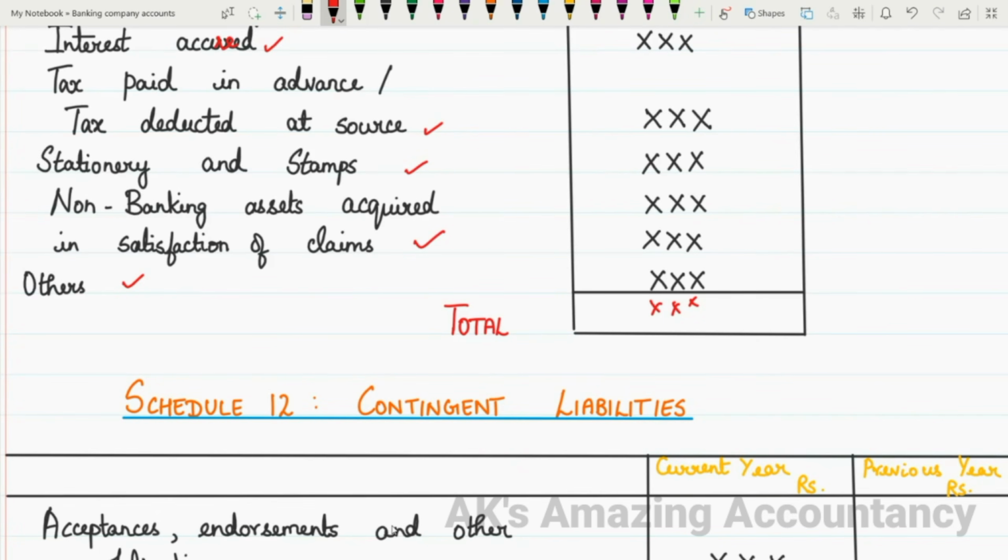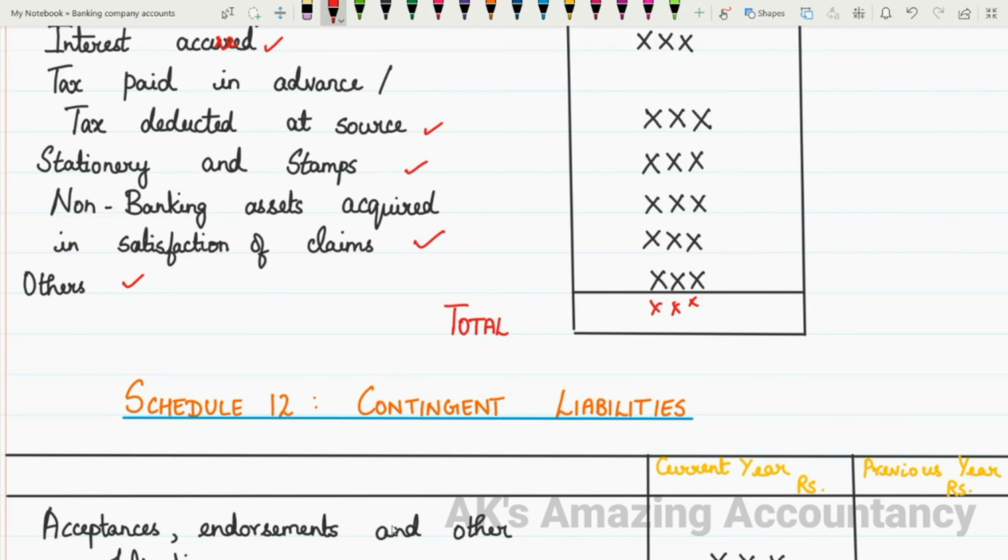So what I mean to say here is that in order to find out whether your balance sheet is correct or not, your total of the capital and liabilities, that is starting from Schedule 1 to 5, should be the same as the total of your assets starting from Schedule 6 to Schedule 11. Okay, Schedule 12, contingent liabilities, will come separately.